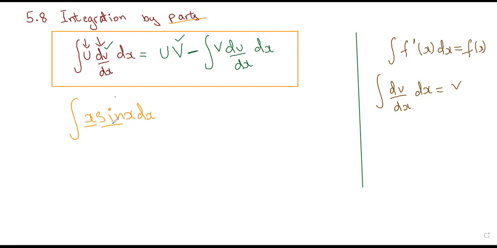So don't get confused at all. We just have two functions. We need to choose one function as the first function, which is basically u, and the second function is dv by dx, and this is on the basis of my formula.